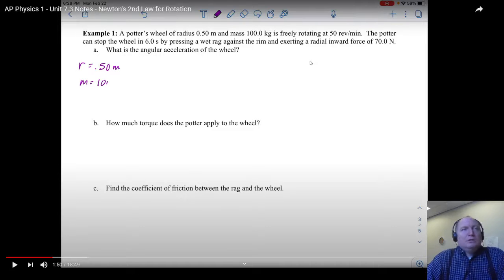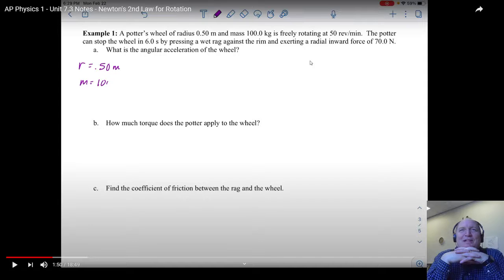By pressing a wet rag against the rim and exerting a radial inward force of 70 newtons. An inward force? Sorry, I'm stuck on that because there would be no torque from an inward force, and it has to lead to a frictional force.